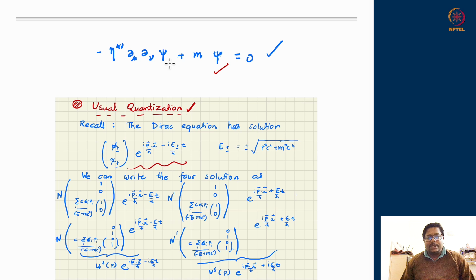Despite it being a 4 cross 1 dimensional vector, its space-time dependent part satisfies the same equation which a scalar field does, because all the derivatives are spatial or temporal derivatives.